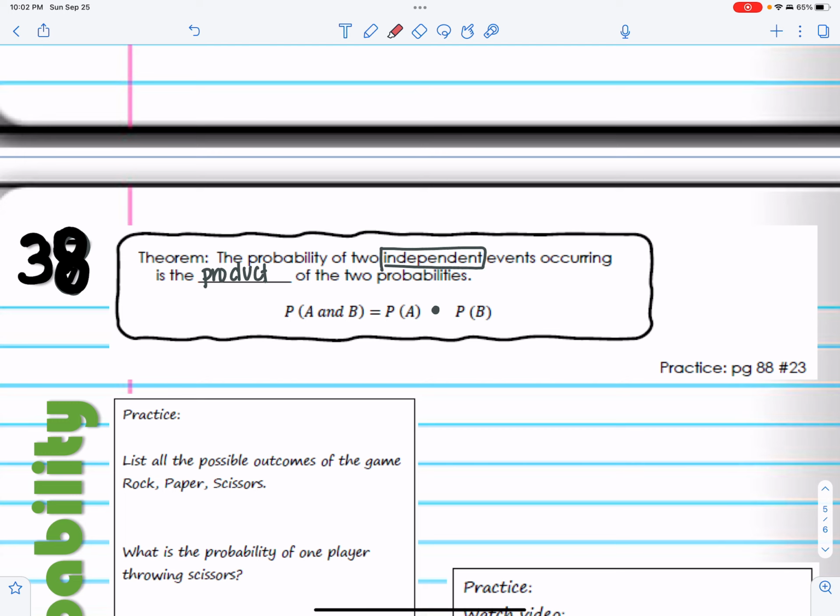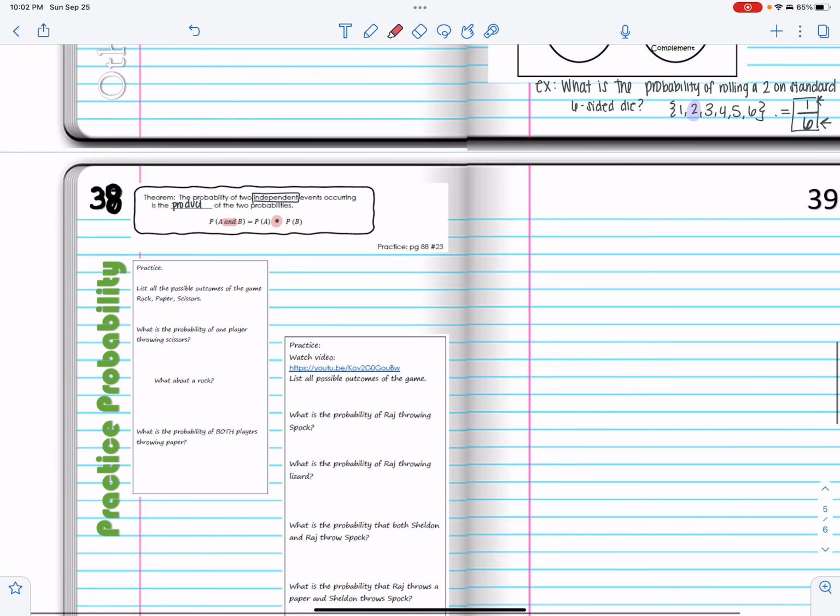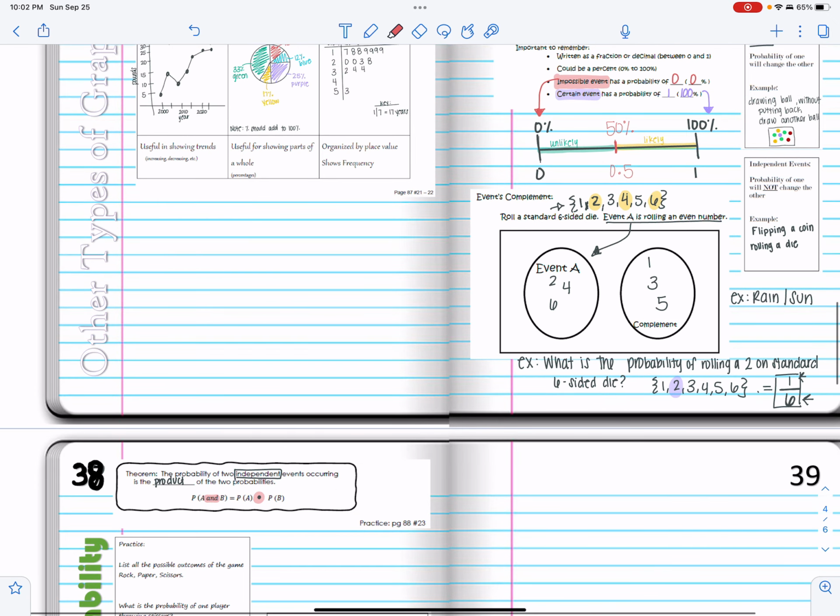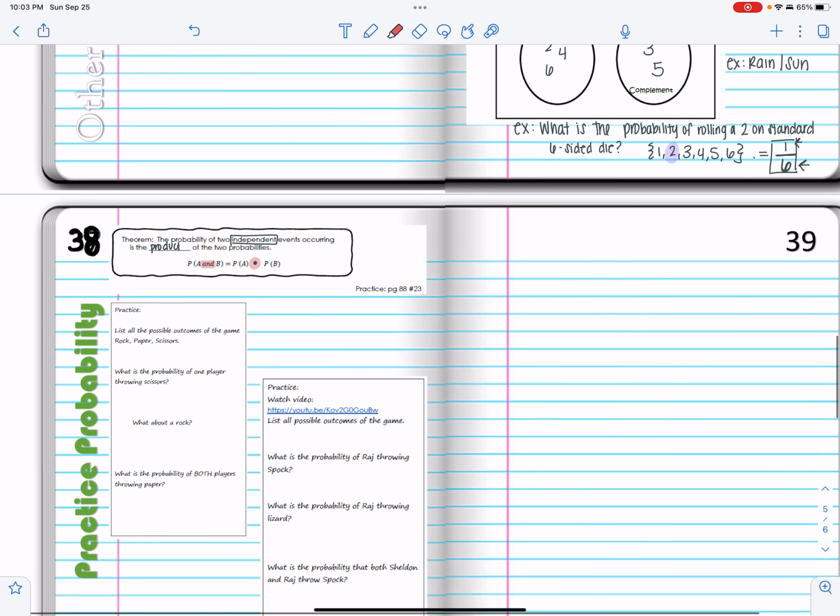Where you see the probability of A and B, we're going to multiply. Now, we're going to look at this example in class. I just wanted to give you all of these definitions so you could have that already filled in so that when we go to do these examples, hopefully this stuff will start to make more sense.